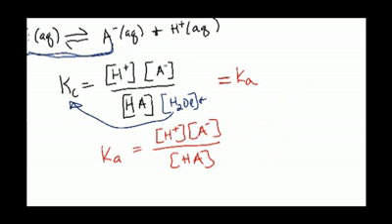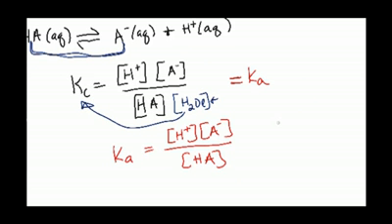So there is a proportional relationship between acid strength and Ka. So it's simply proportional to, and that means as one goes up, the other one goes up, and vice versa.